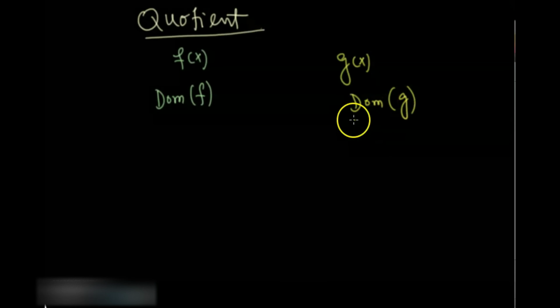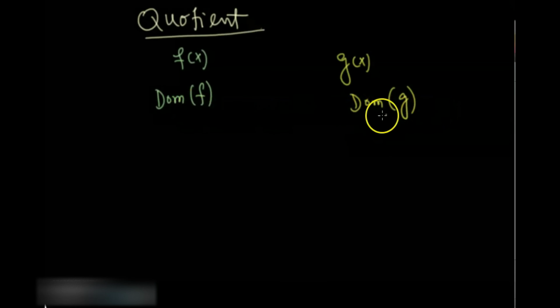Consider you are given one function f of x and the other function g of x. Suppose the domain of f is represented by dom f and the domain of g is represented by dom g. That's just the notation. You can give it any name, I prefer this name. So this is a set, domain of f and domain of g.